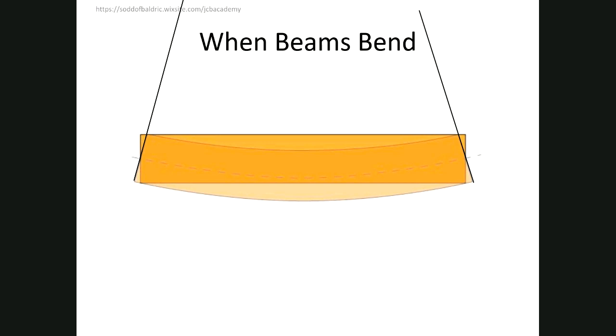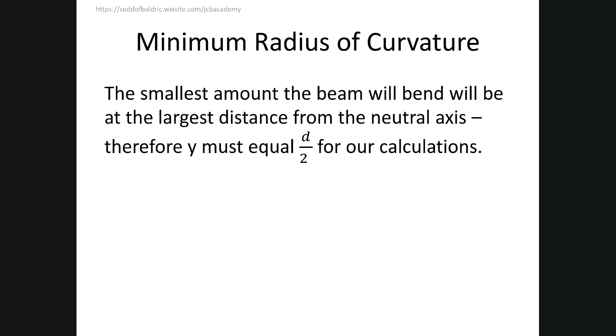So for our calculation, the distance from our neutral plane is given the symbol y, and for everything we do, y is going to equal d divided by 2. So y will always be d over 2 when we're doing calculations.